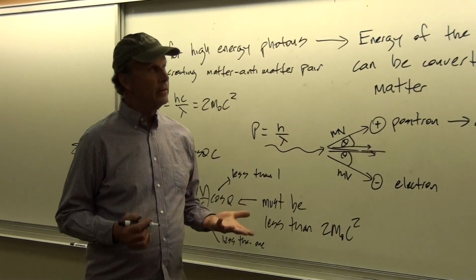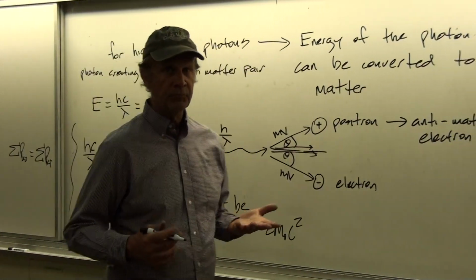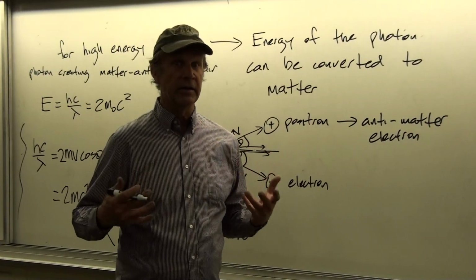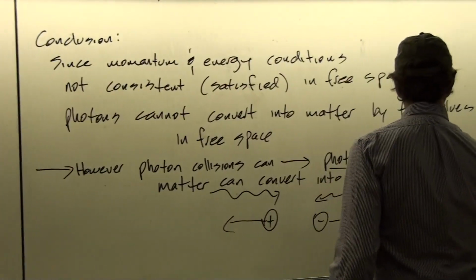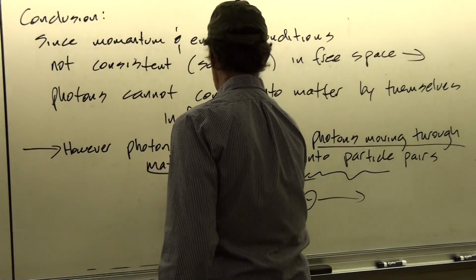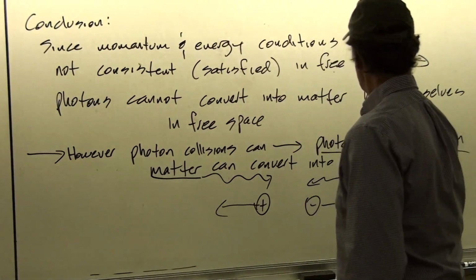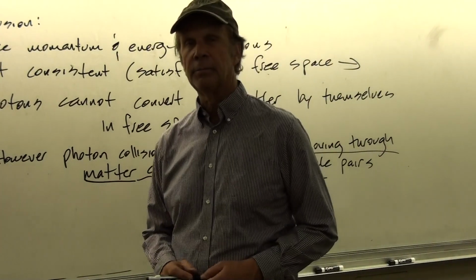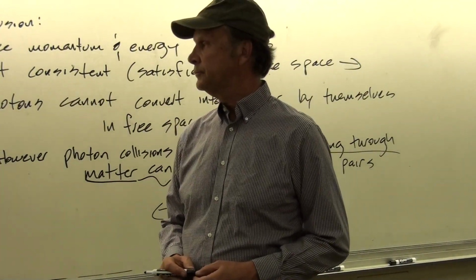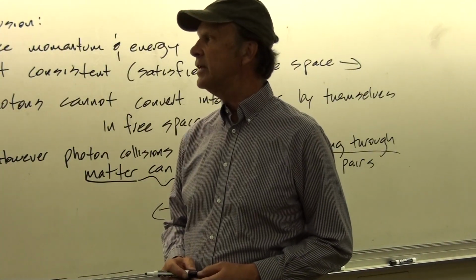So remember that what we're looking for are the ways in which photons can interact with matter. And so photons moving through matter, if they have a high enough energy, can convert into matter-antimatter particle pairs. And so that is for the highest energy photons.